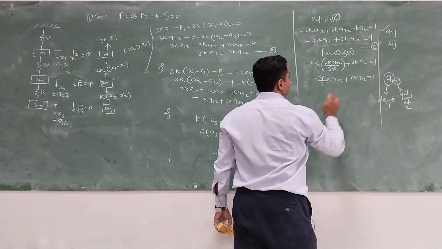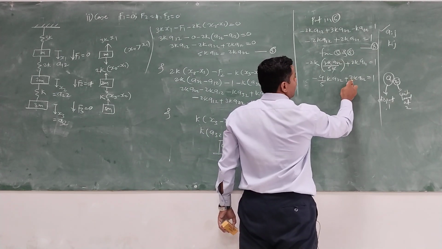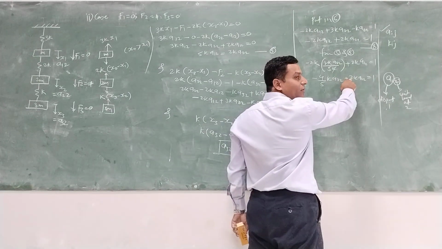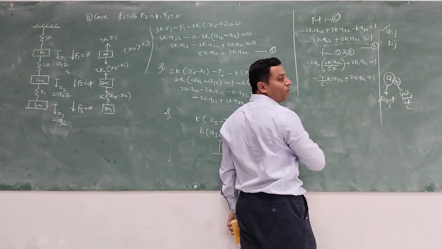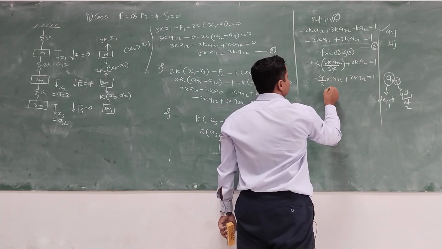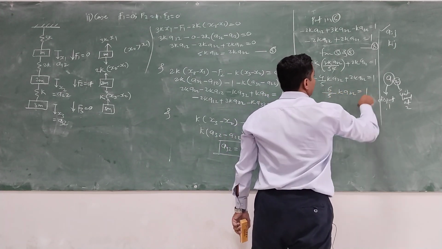Now add these two. So if I make this denominator 5, here how much will it be? 10. 10 minus 4. 10 minus 4. 6 by 5 k A22 is equal to 1.